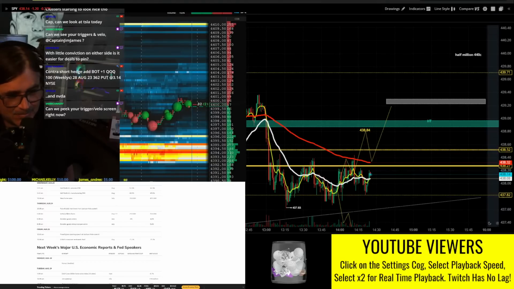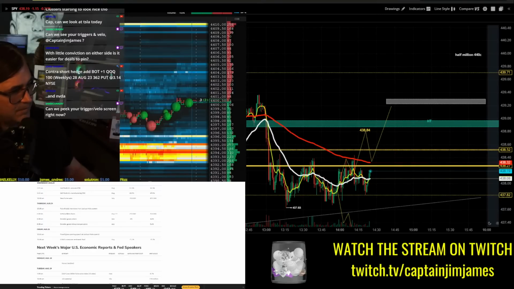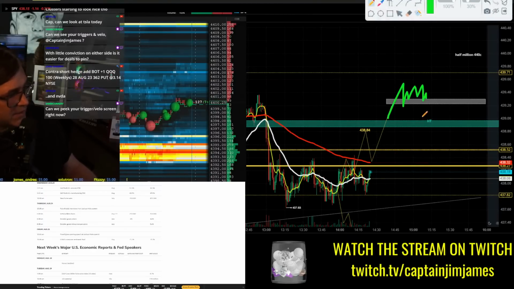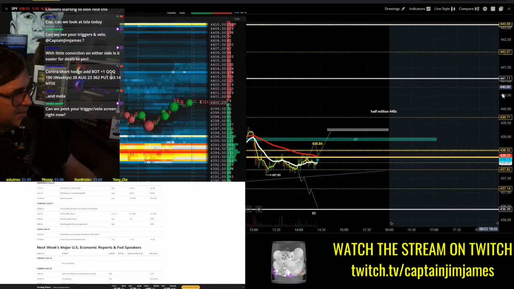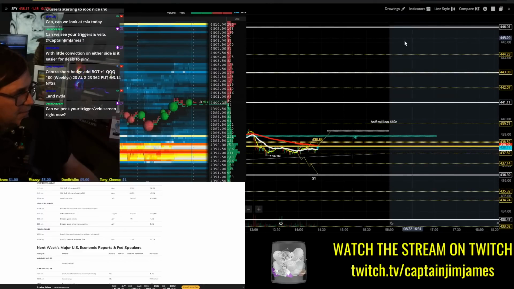So there's no conviction here. If you're a bull, you have no trade unless you get above here. And even being above here, your next trade is only conviction to 445, I believe. Yeah, 445.